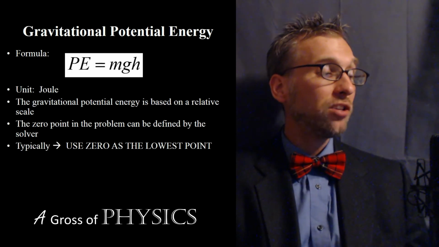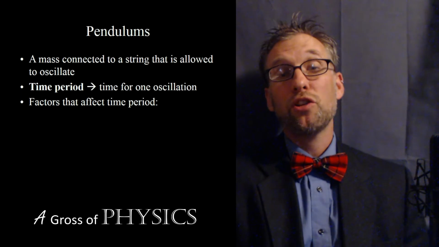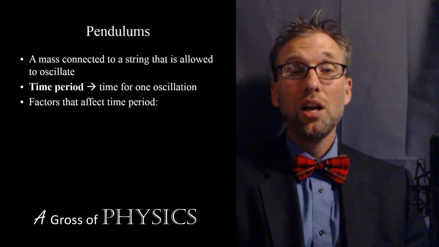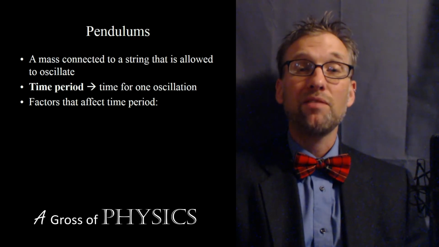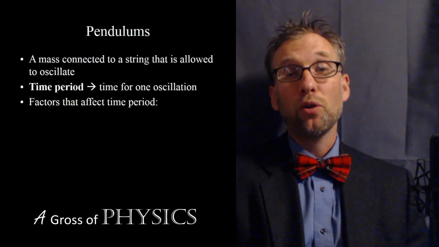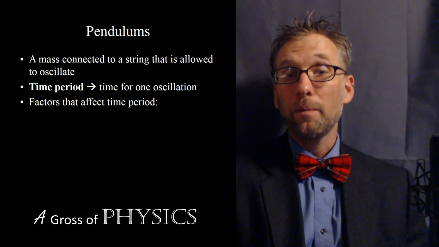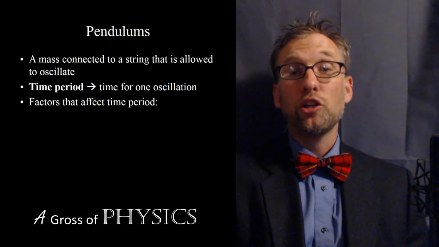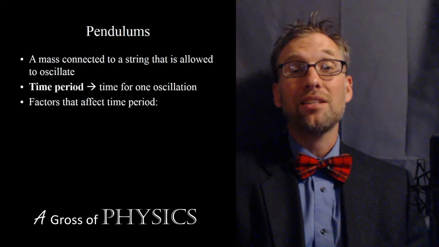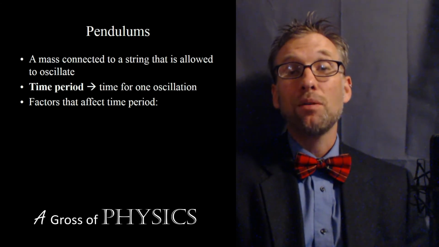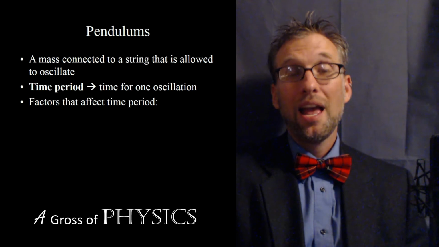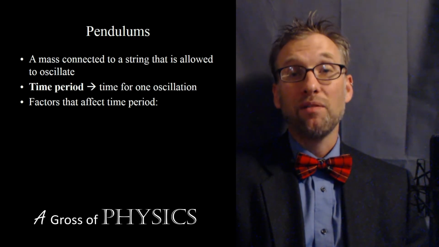Now, going back to the pendulum discussion, a pendulum is just a mass connected to a string. We call the mass the bob. So we have a bob at the end of a string, and what we can do is pull that string back and let it go. And when we let it go, it's going to change the amount of energy that it has at different points. In fact, the potential energy is going to be a maximum at the end points of the swing and minimum at the bottom of the swing.